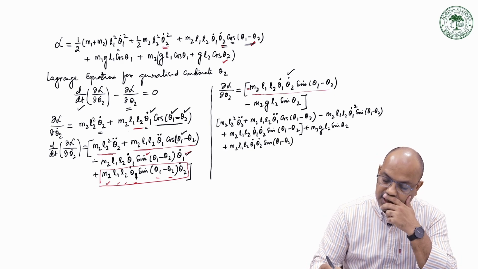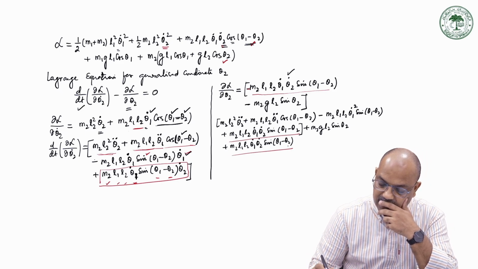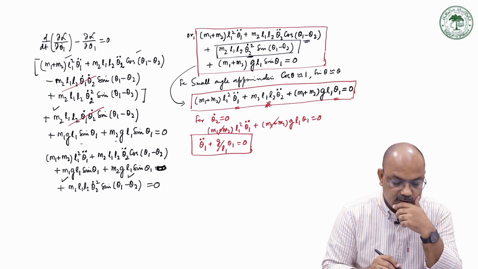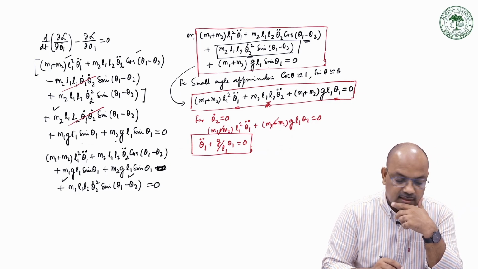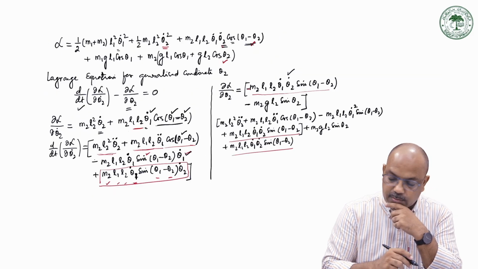So these terms must cancel out each other. What is the problem is there is a negative sign problem. I am not able to figure it out. Here it was with the negative sign. What is the problem here?